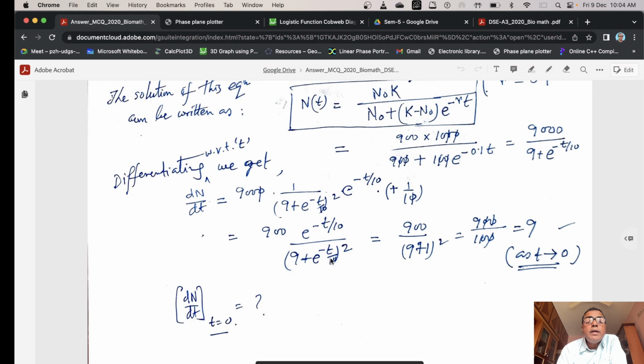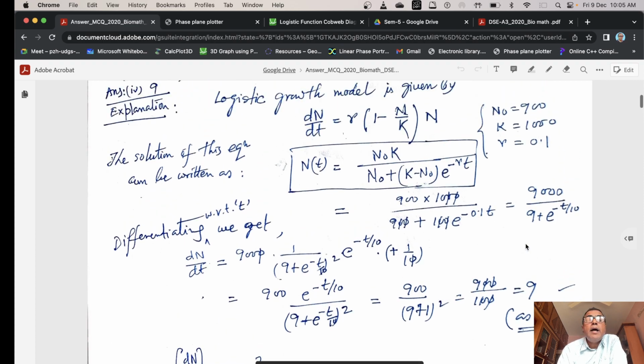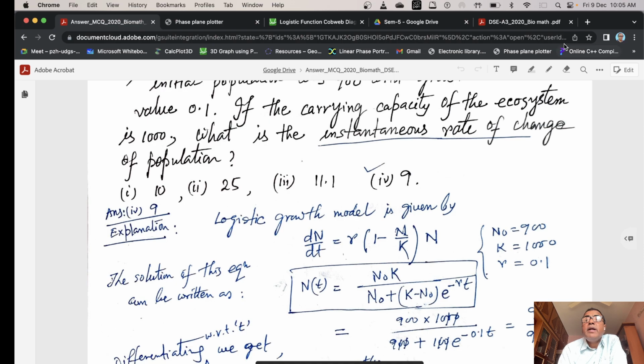Putting t equal to 0 gives the instantaneous rate of growth. So this is 9. Answer is 9 and option is 4. Next question.